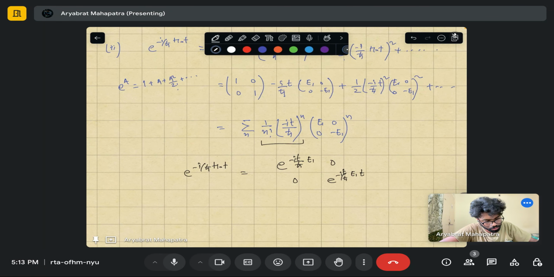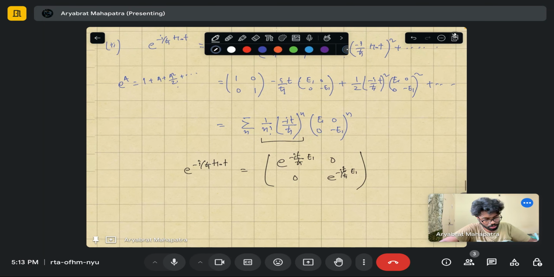So that is what you will get. We will be using this matrix exponential form, so it is better to calculate it beforehand.